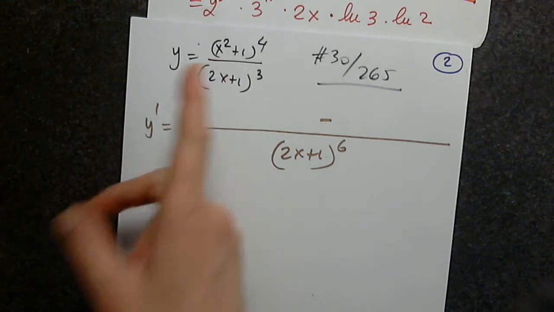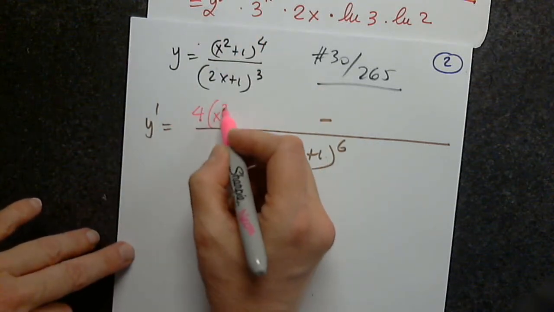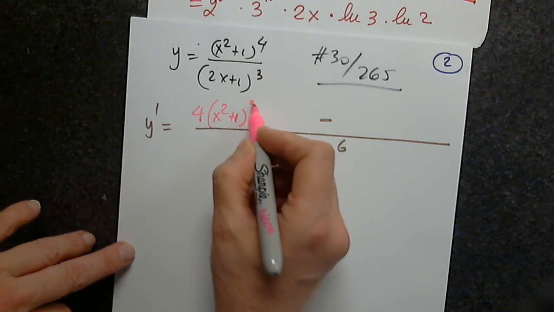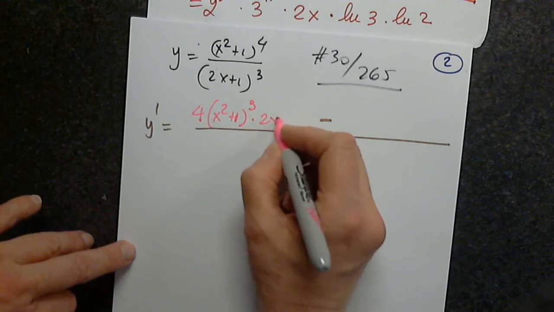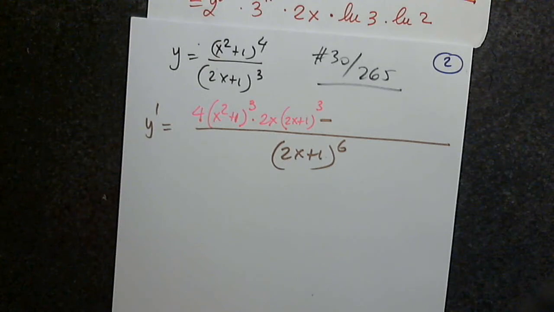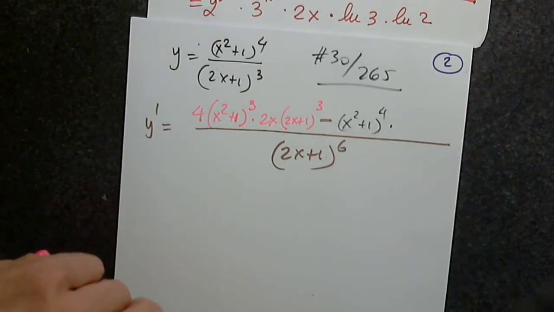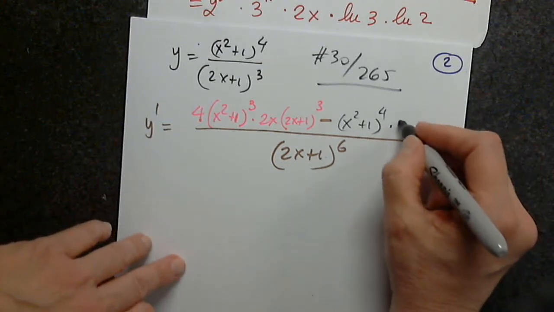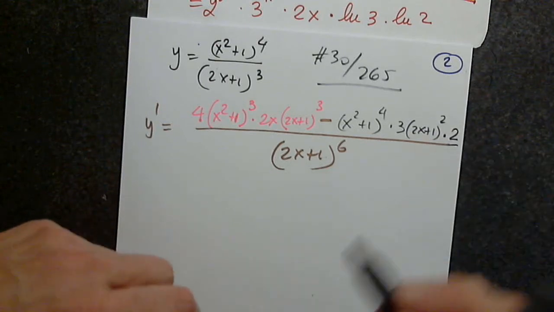So the top function prime is: bring down the power, subtract 1 from the power, and times the inner function prime, which is 2x. But then I have to multiply by 2x plus 1 to the third. Then minus, I copy the numerator, and now I differentiate the denominator, which is 3 times 2x plus 1 squared multiplied by 2.